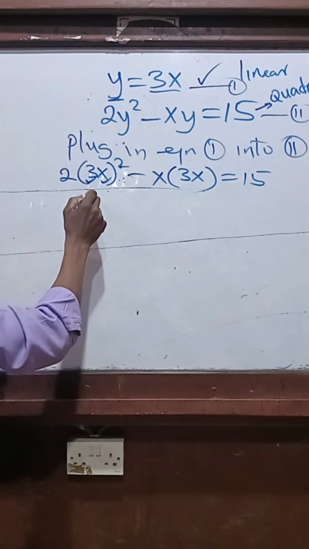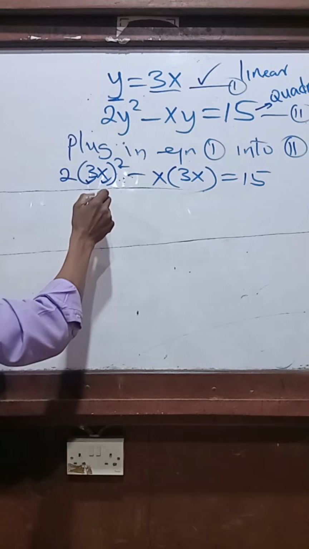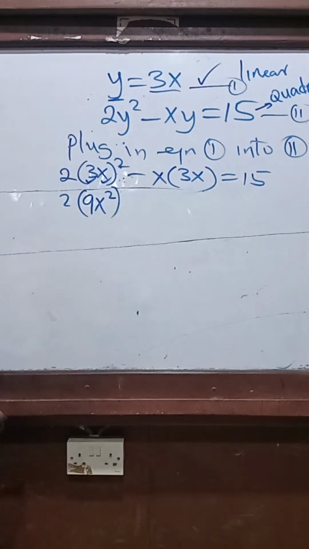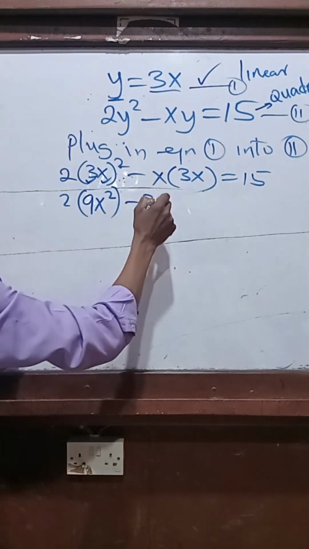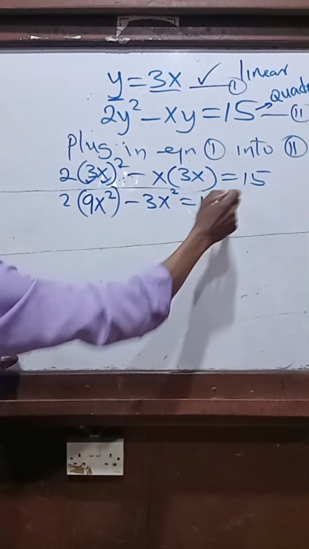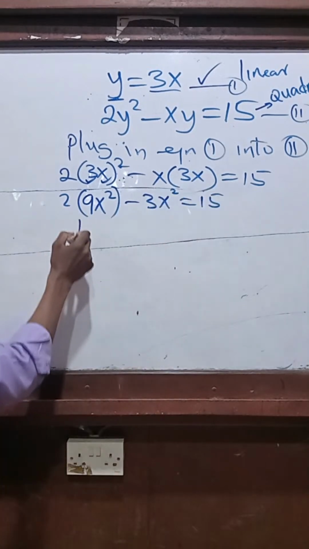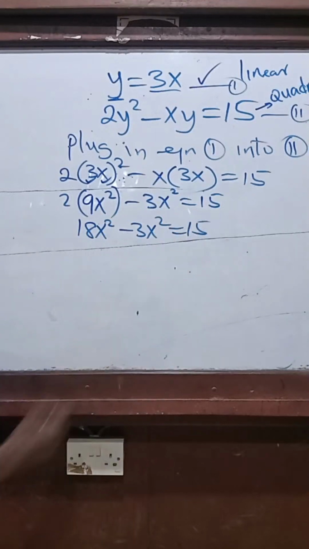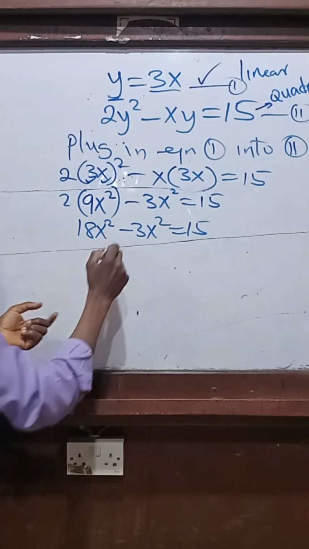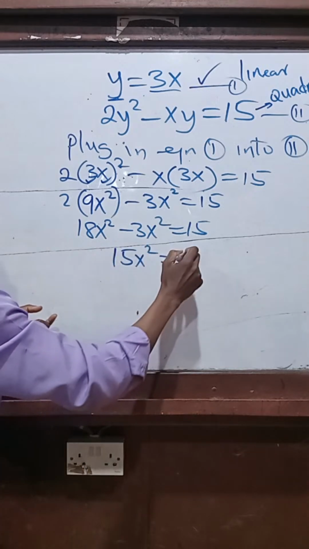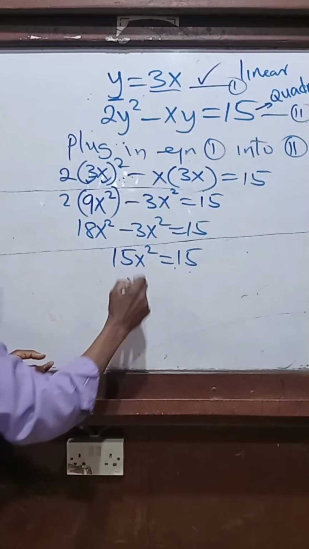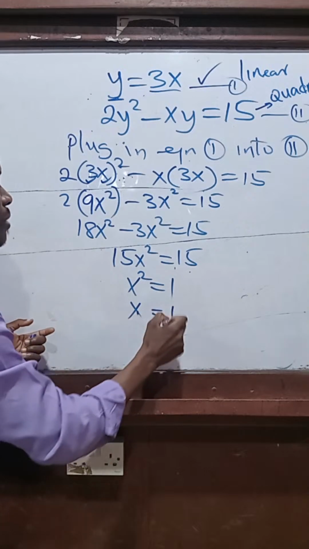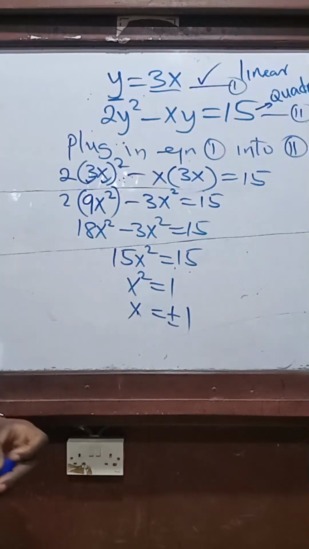So this will become 3 squared, that's 9, and then x squared times 2, and then minus 3x squared equal to 15. And that will give us 18x squared minus 3x squared equal to 15. Do the subtraction. This will be 15x squared equal to 15. Make x squared the subject, that's 1. Then take the square root of both sides. That's plus or minus 1.